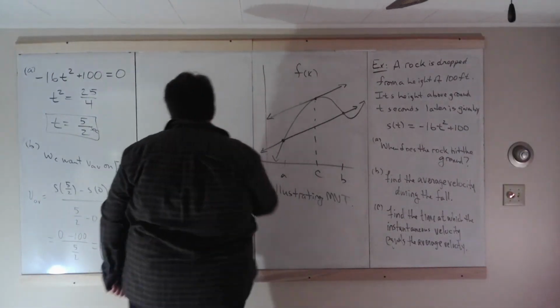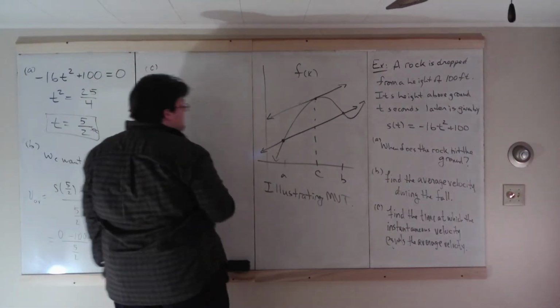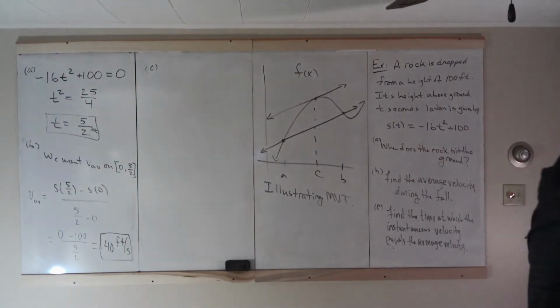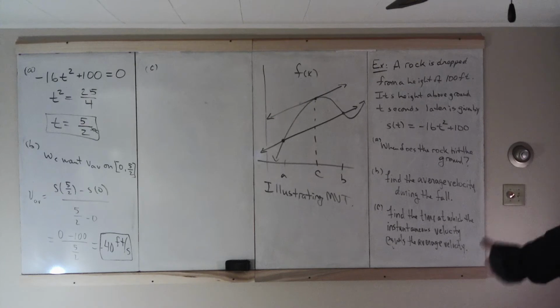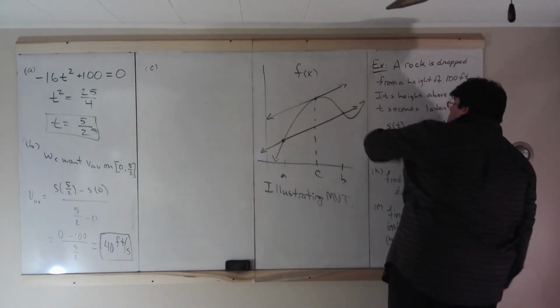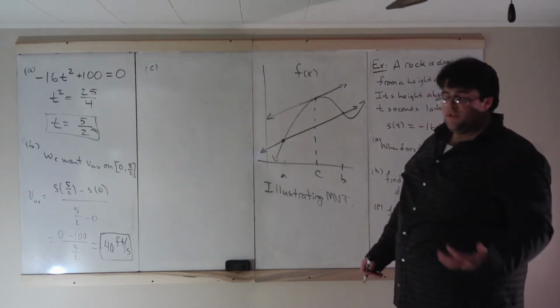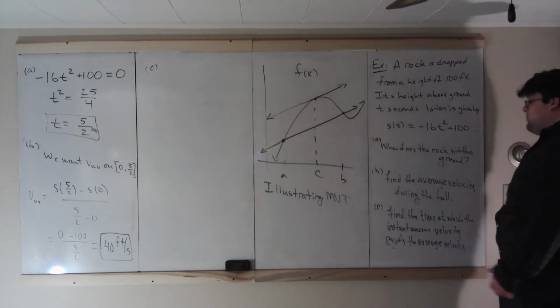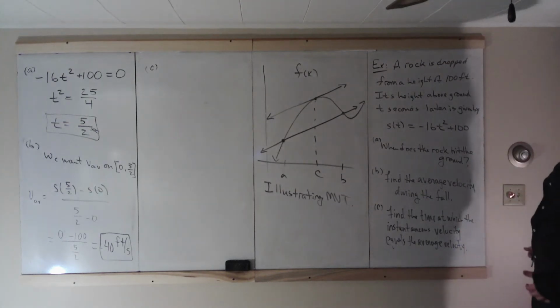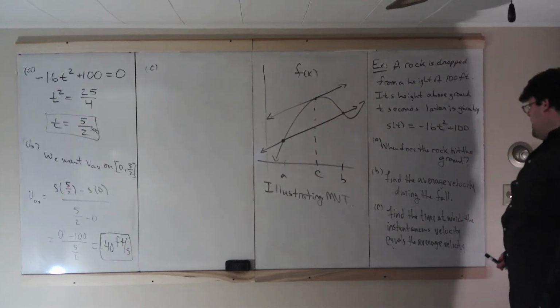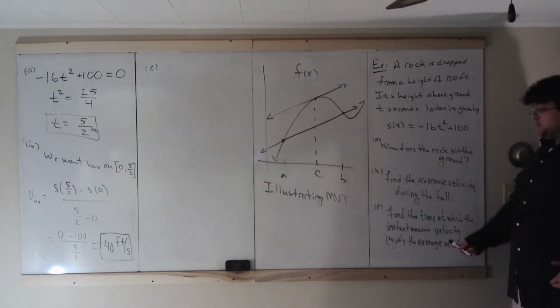Now, part C, find the time at which the instantaneous velocity equals the average velocity. Well, that's another way of phrasing the mean value theorem. Because remember, the average velocity corresponds to the slope of a secant line. The instantaneous velocity corresponds to the derivative at a point, if you have a position function. So we're looking for where the derivative at a point equals the slope of a secant line.